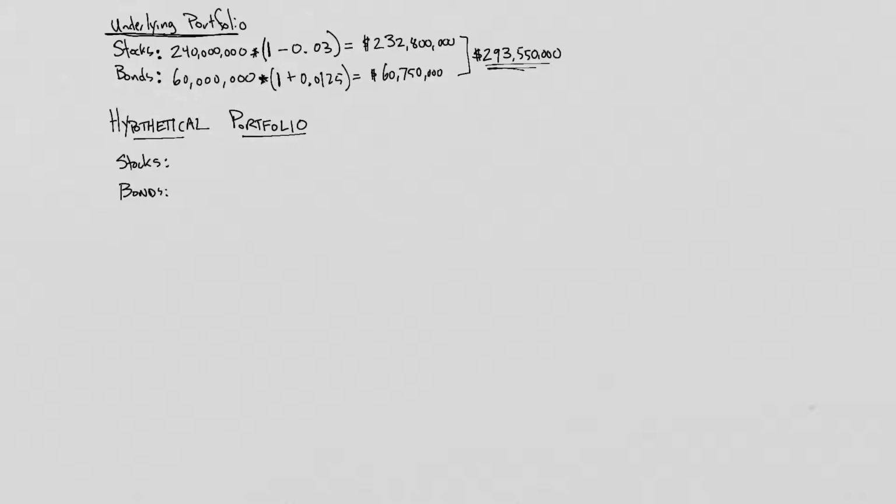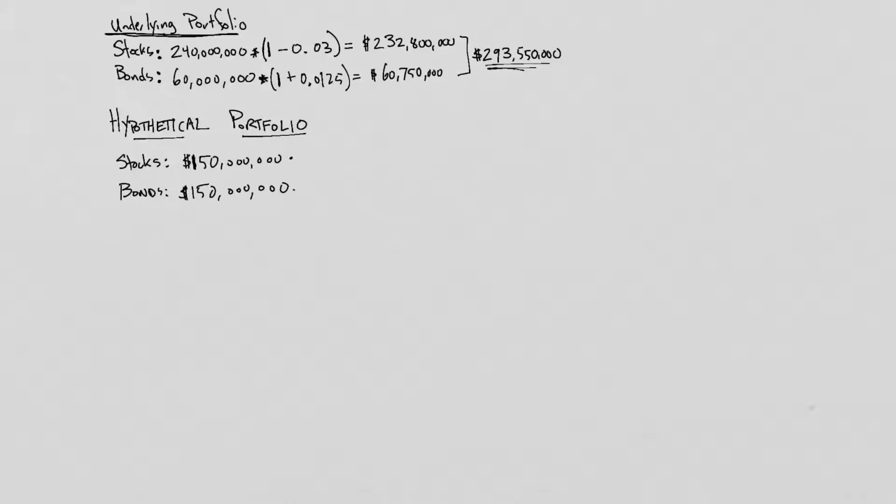So 50% stocks in a $150 million portfolio means we sold such that we ended up with $150 million of shares and bought bonds so that we went from a $60 million bond portfolio to a $150 million one.